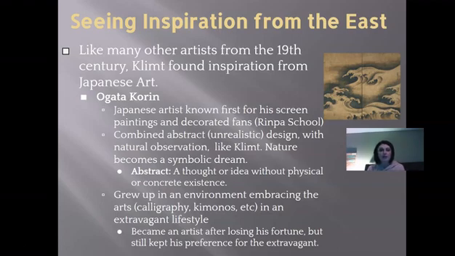So he's a Japanese artist who is known for screen paintings and fans. And he grew up in a family of artists that made these beautiful screens, and he actually helps create this new school of art and this new idea of design. But he liked to combine the unrealistic design with things from nature that could be recognized in order to make it symbolic.